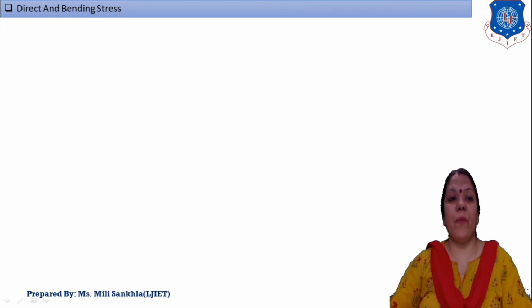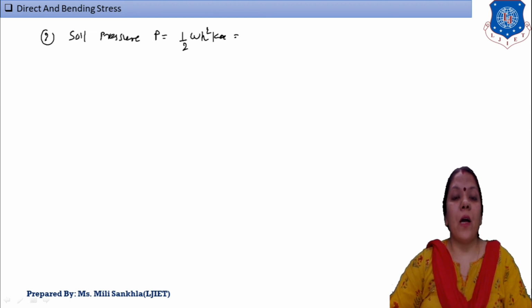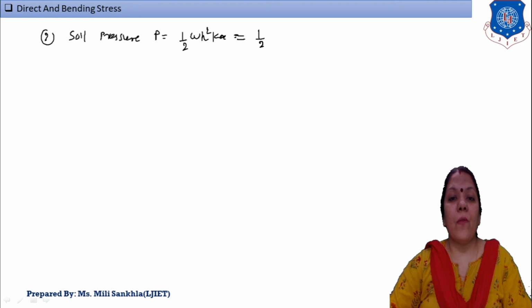Now second we find out soil pressure. What is the equation of soil pressure for retaining wall? Soil pressure P is equal to 1/2 w H square into K. Now active earth pressure K is equal to (1 minus sin phi) divided by (1 plus sin phi).